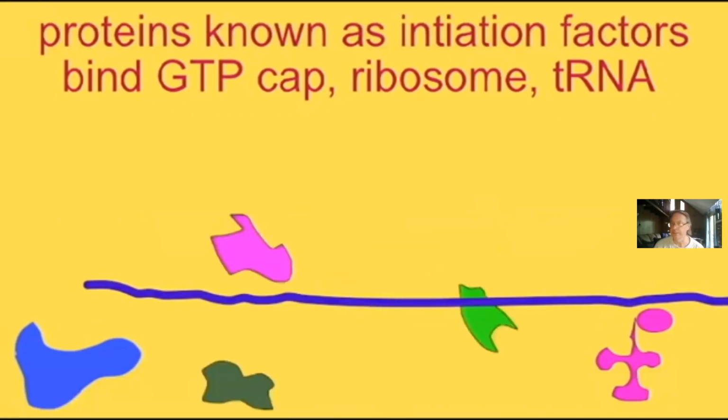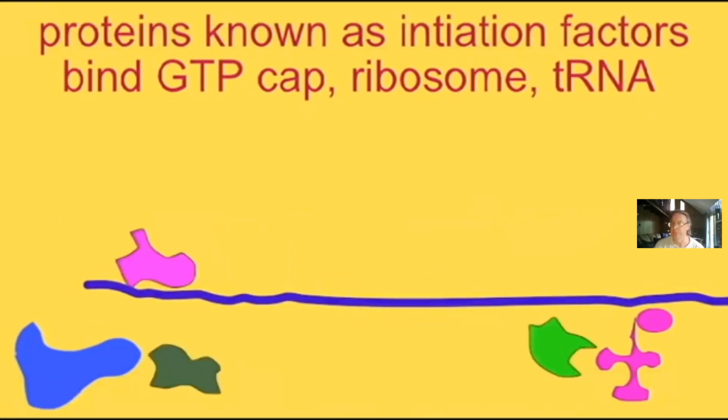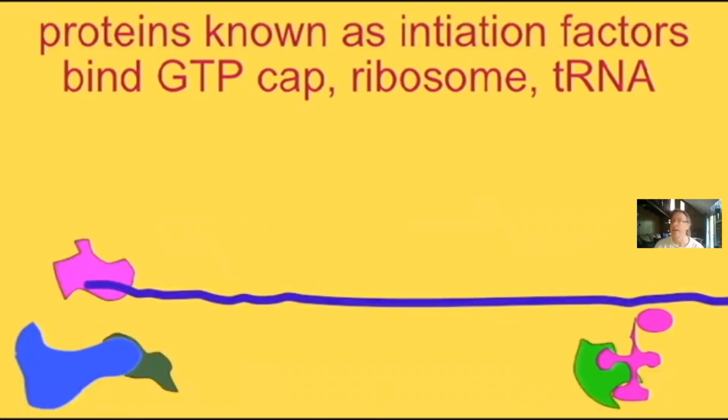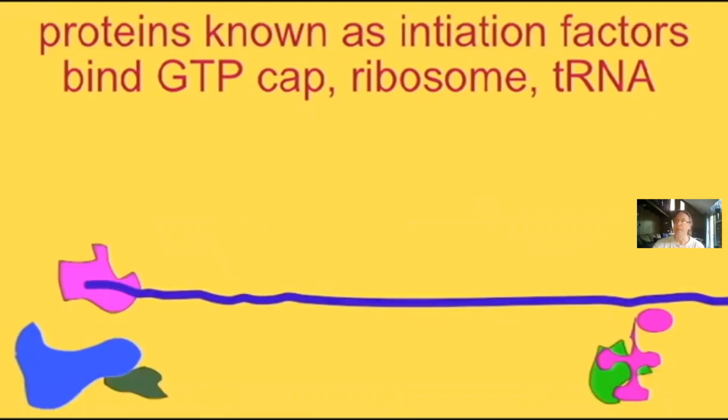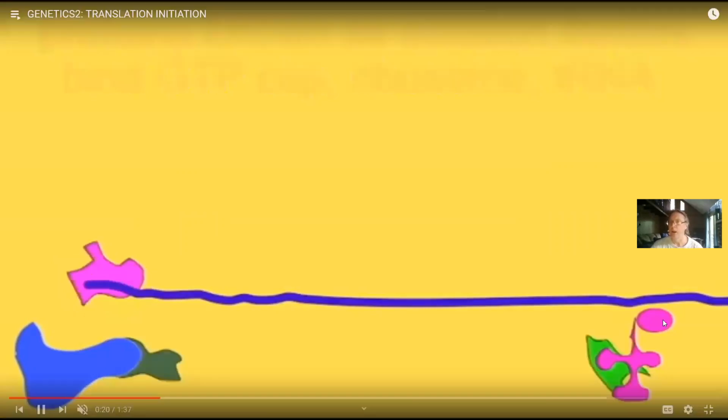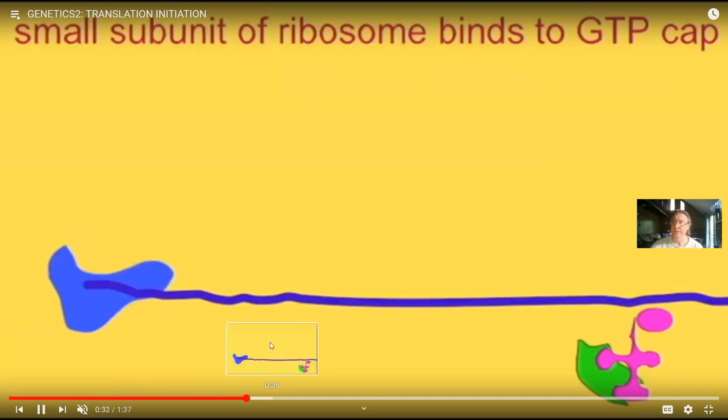So there are initiation factors which bind the small subunit of the ribosome, bind the GTP cap, and bind the tRNA, which has bound methionine. So while we often just depict translation without these, there are more components which are involved.